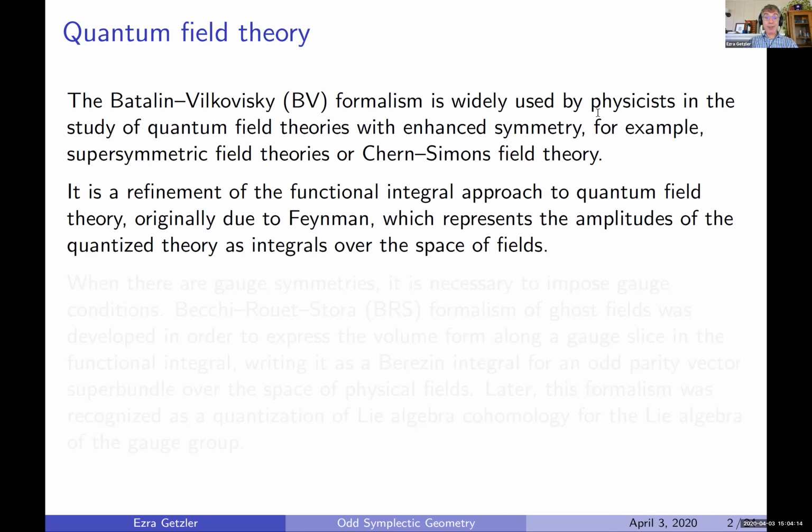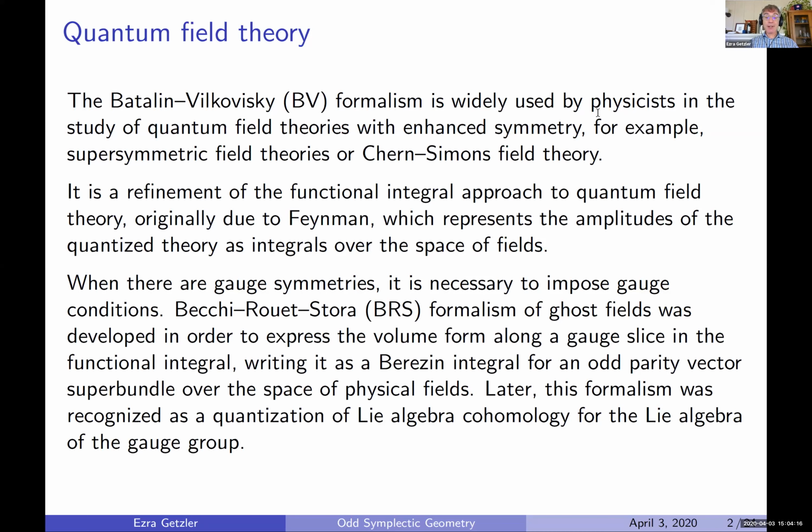Now, the problem is that when you're doing the functional integration approach, you're going to have to quotient by some gauge group or symmetry group acting on the space of fields. Or alternatively, you might have some symmetry group like the Lorentz group, which you want to preserve.